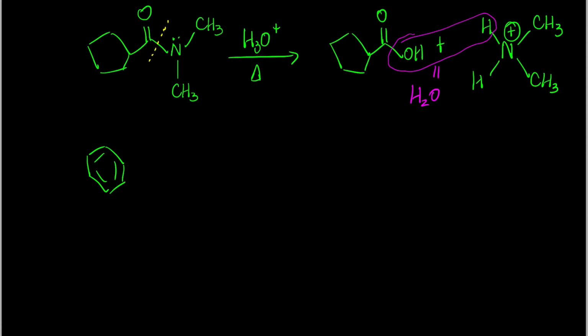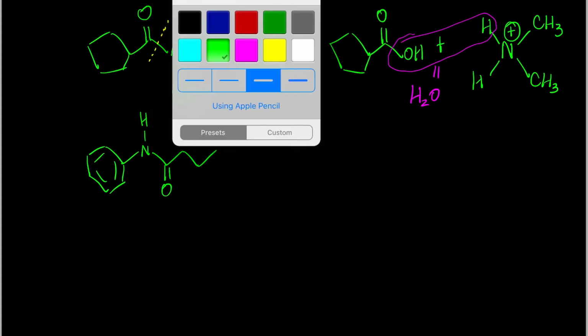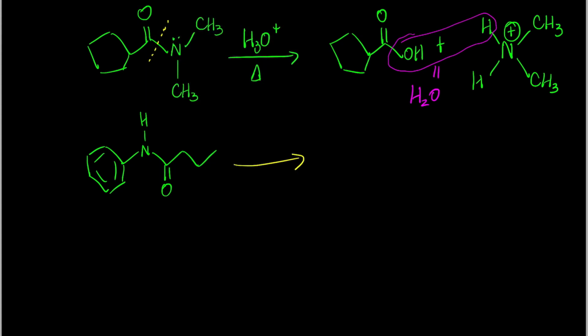Let's do an amide that looks like, I don't know, like this. So if we again treat this with H3O plus and heat, we want to break this bond here. On the right-hand portion, you're going to form a carboxylic acid with the correct number of carbon atoms.